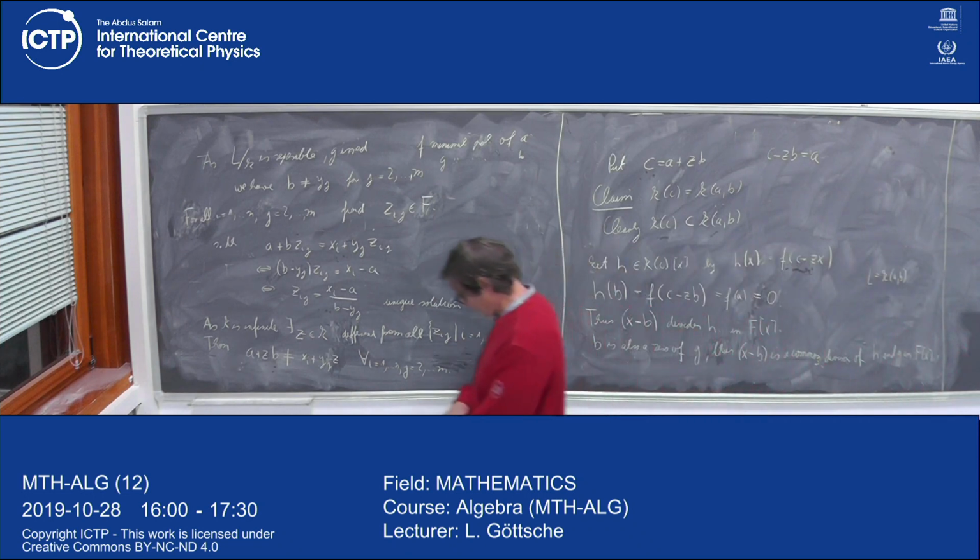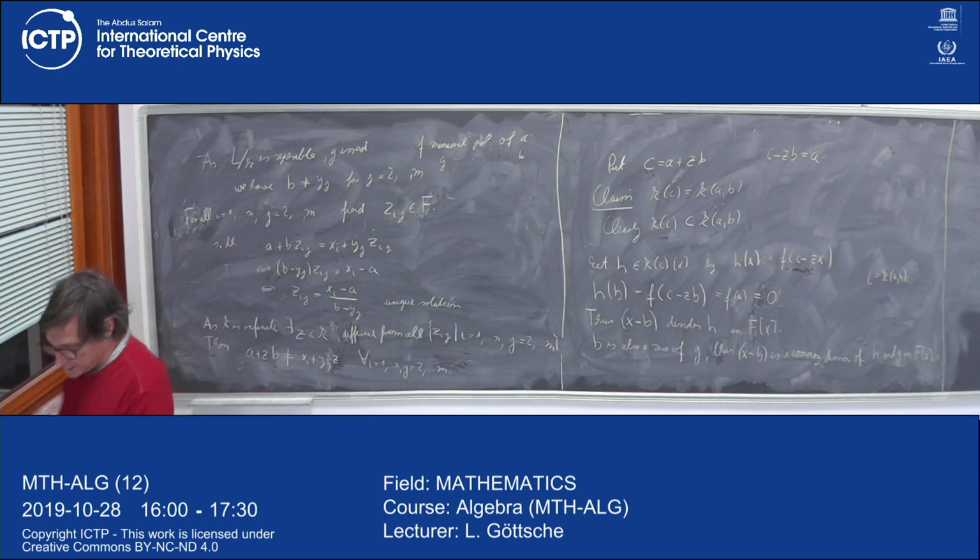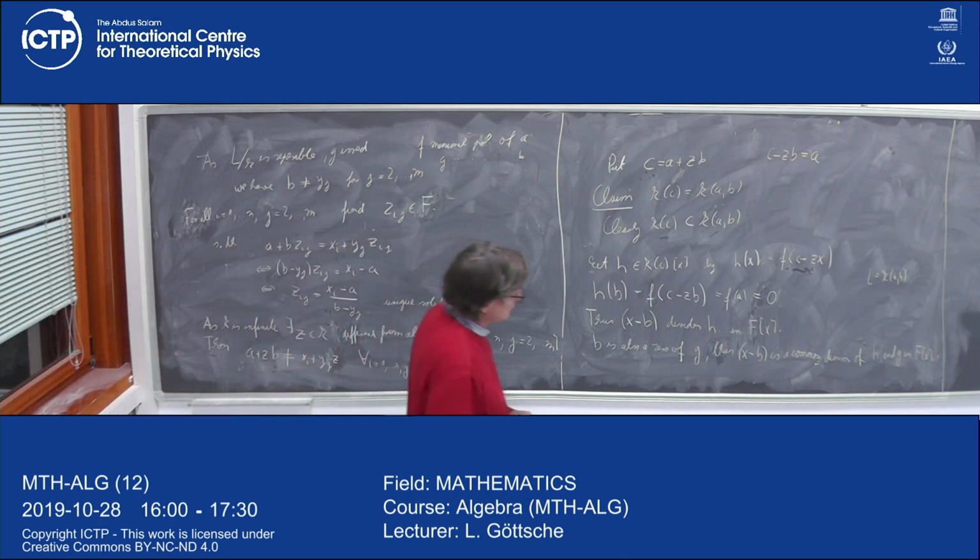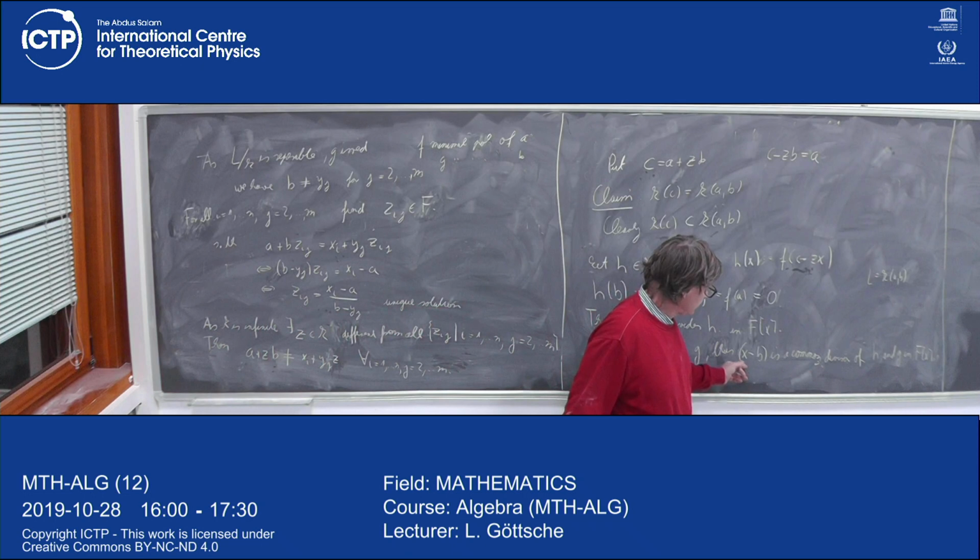Now I want to show that x minus b is the greatest common divisor of them.